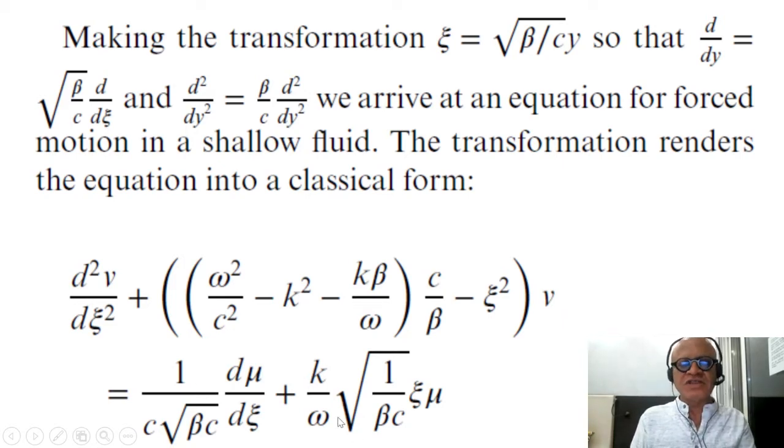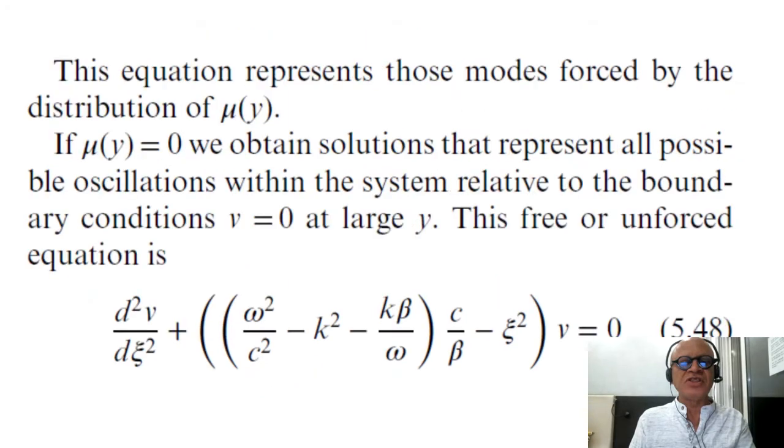Right? So obviously you can set mu equals 0 and create free solutions, or you can look at mu and see what oscillations are there in the system. So if you set mu y equal to 0 and look for solutions with a boundary condition that v goes to 0 at large y, we know that beyond the turning latitude the solutions are exponential and you can let it decay to 0 at some y.